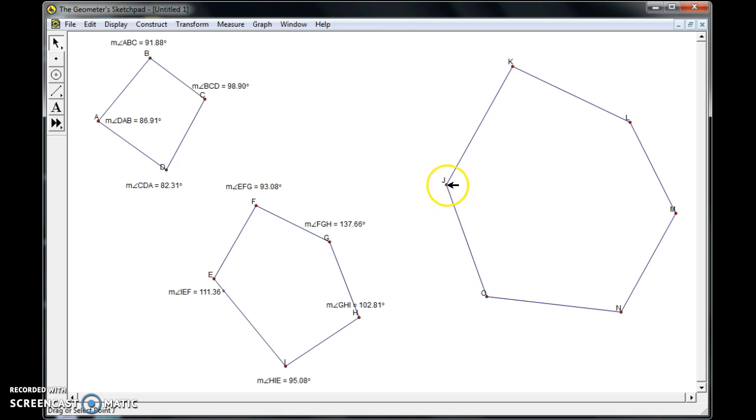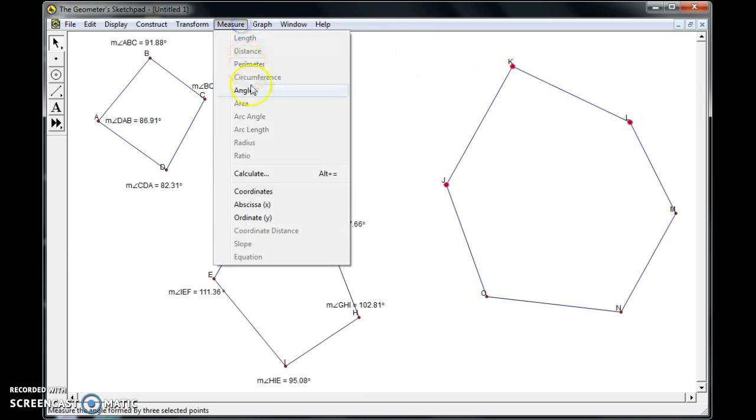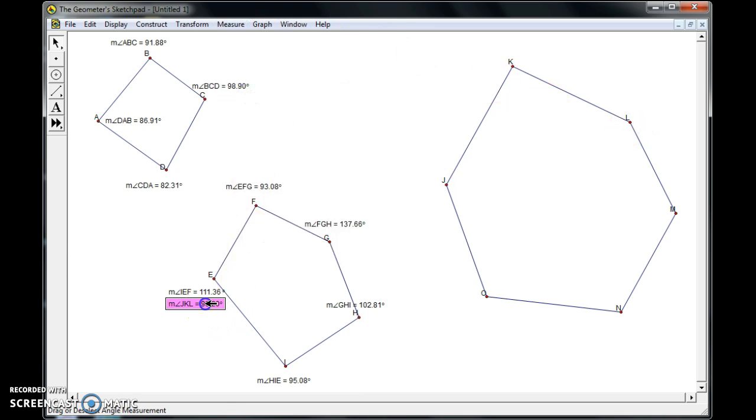So J, K, L, measuring that angle. It looks like I have 93.20. Next angle I'm going to calculate is KLM. The measure of that angle is 142.15.